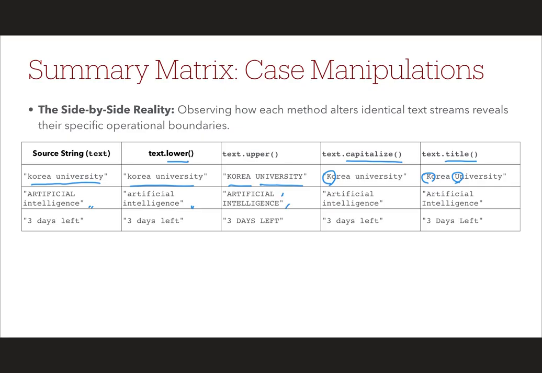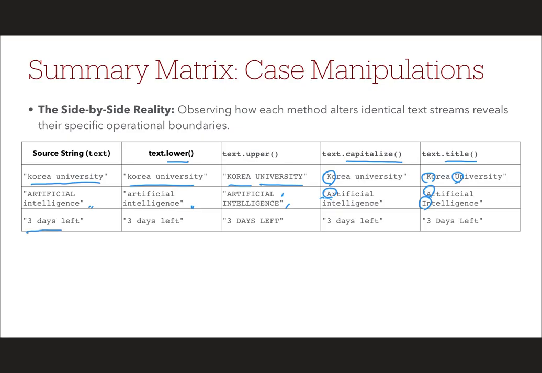If I call capitalize, only the A in this expression will be written in uppercase and all the others are in lowercase. If I call title, A and I are written in uppercase and all the others are in lowercase.